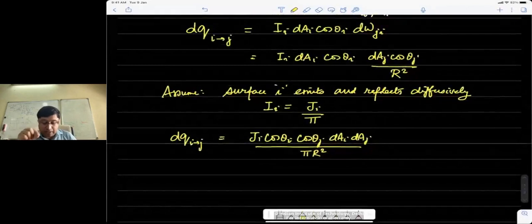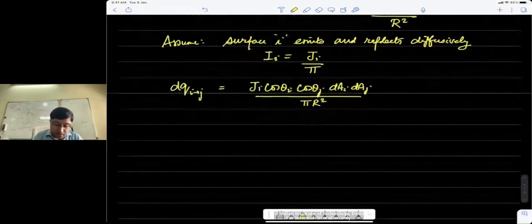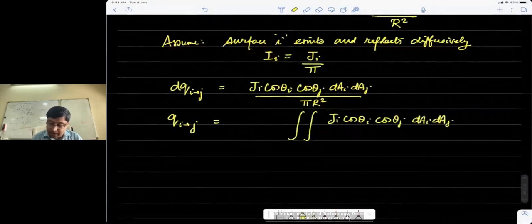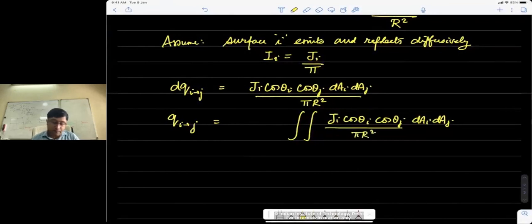If I have to calculate the total radiant energy going from surface I to surface j, I should integrate this expression over both areas, over both Ai and Aj. So we can write qij to be the integral of Ji cosine theta i cosine theta j dAi dAj by pi r square, integrated over surfaces Ai and Aj.